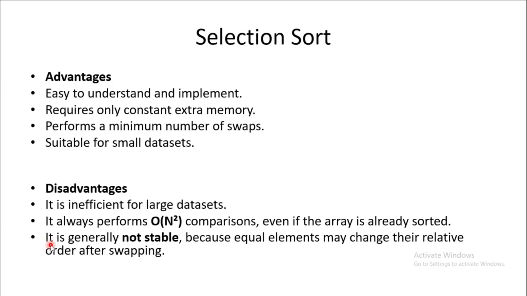In short, let us summarize the working of selection sort. First, we assume the first element of the unsorted array as the minimum, then compare it with all the remaining elements, find the actual minimum element, swap it with the first unsorted element, and repeat until the array is completely sorted.